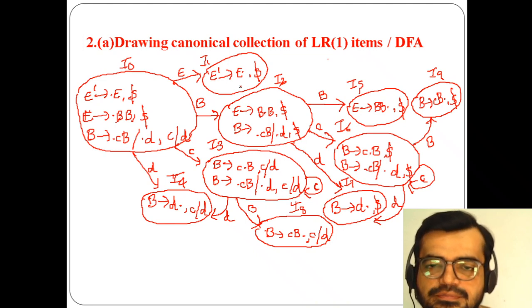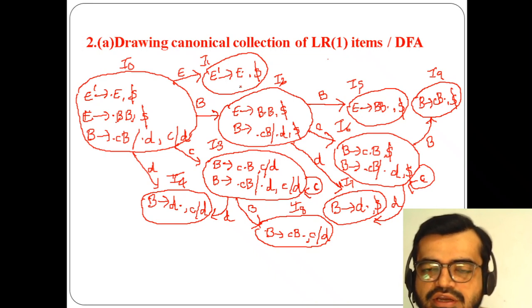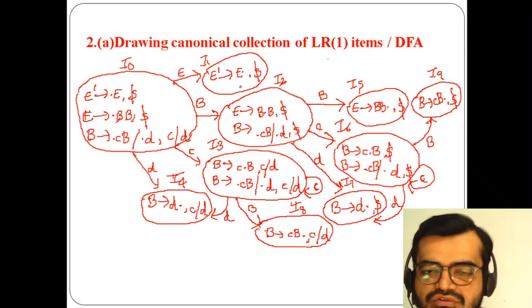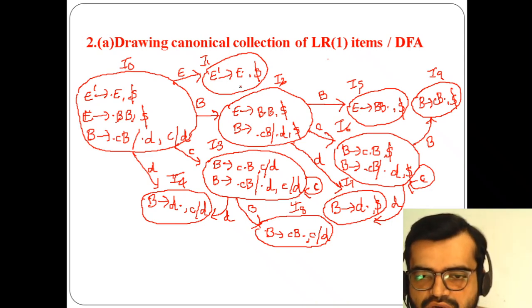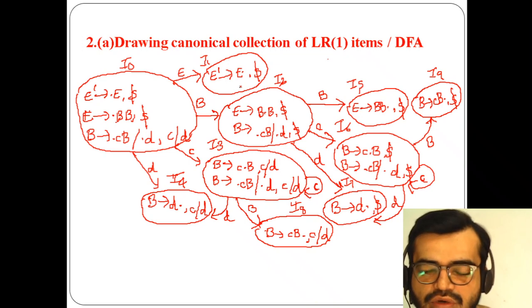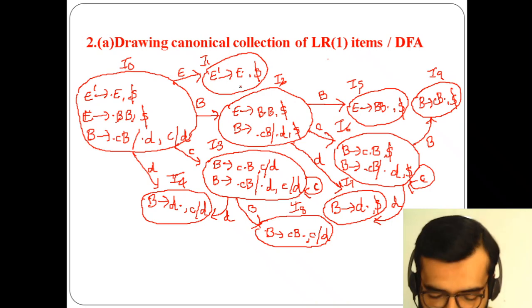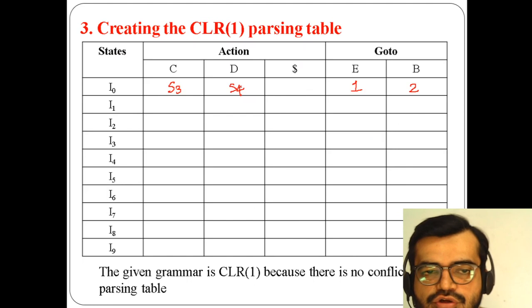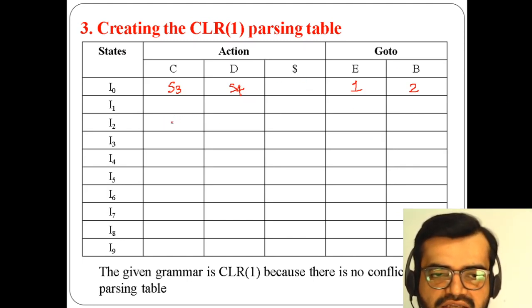Now comes I2. From I2 it goes to I5 with the help of B, to I6 with the help of terminal C, and to I7 with the help of terminal D. So there are 3 outgoing transitions from I2, and that is what we are taking.